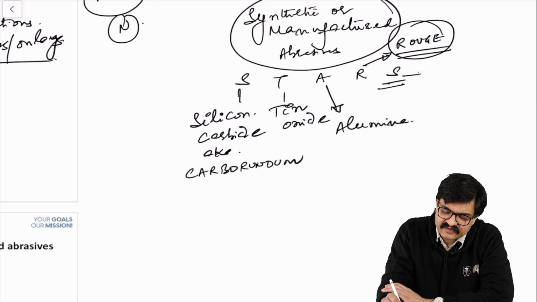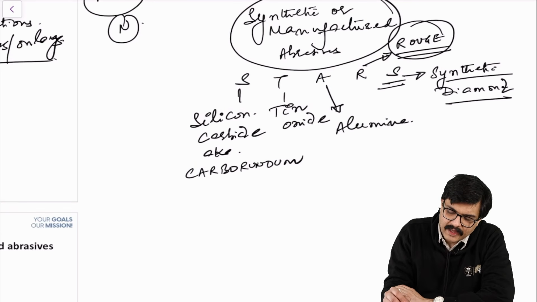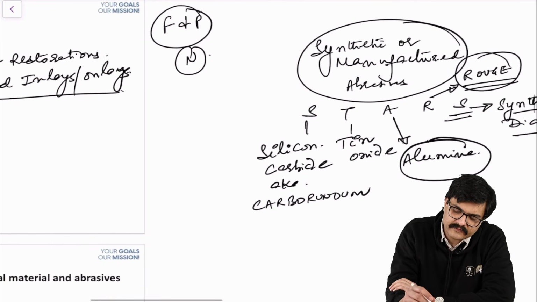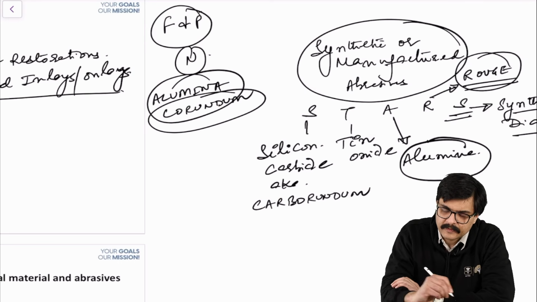Then S is synthetic diamond or artificial diamond. Just remember one more thing. Alumina is also found naturally. So alumina is also a part of natural abrasives, where it is known as corundum. Please memorize this.